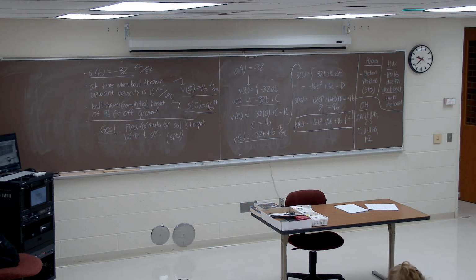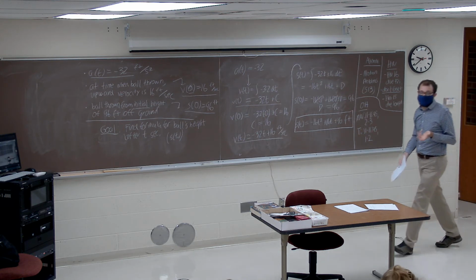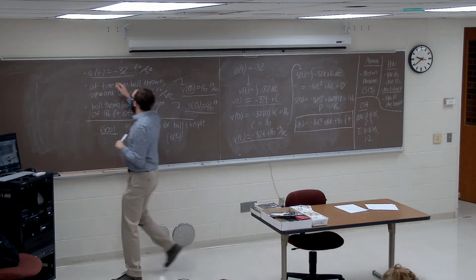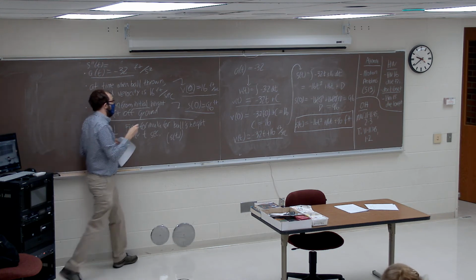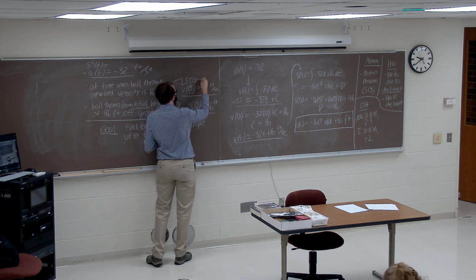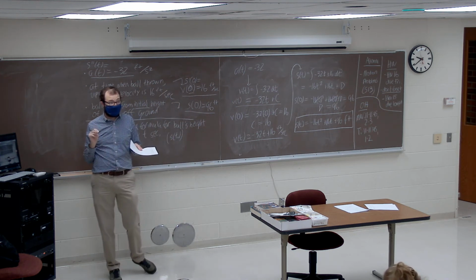We integrated f double prime of x and used an initial value for f prime to solve for f prime of x. And once we knew what f prime of x was, we integrated again and used our initial value for f to solve for f of x. In essence, that's exactly the same thing we had here. We were given a formula for s double prime of t, an initial value for s prime, and an initial value for s.